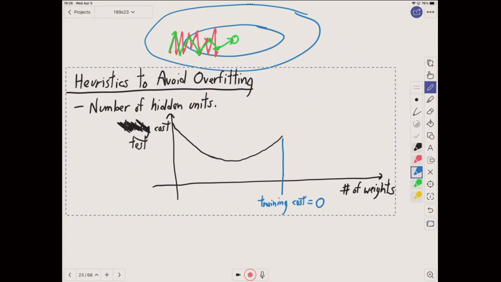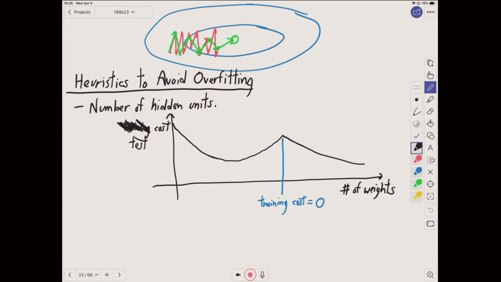Once you hit that point and you continue increasing the number of weights, strangely, there is a second descent of the test cost that is often observed in practice. And this bizarre phenomenon is called double descent. And I think people are still trying to understand it. It's partially understood, but definitely a grad research topic still.